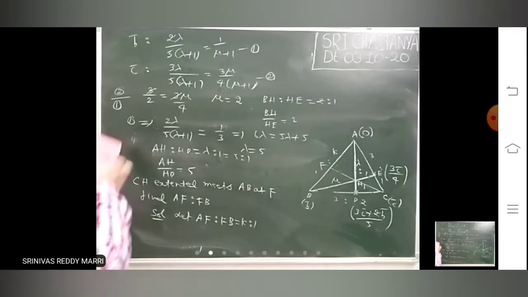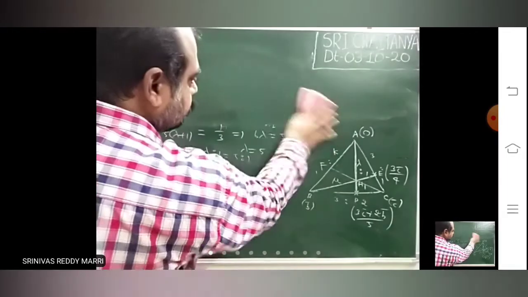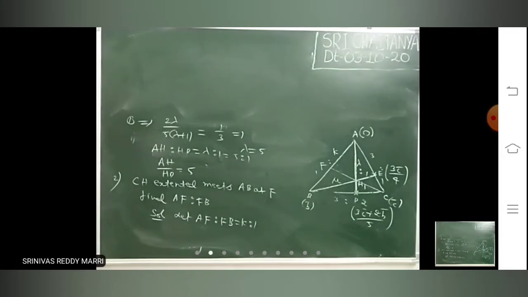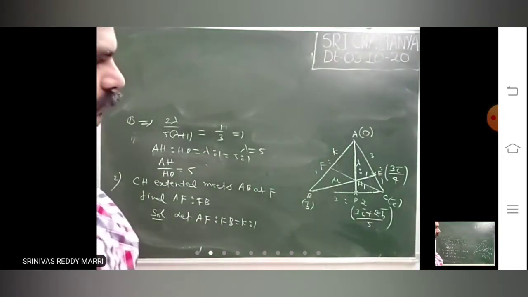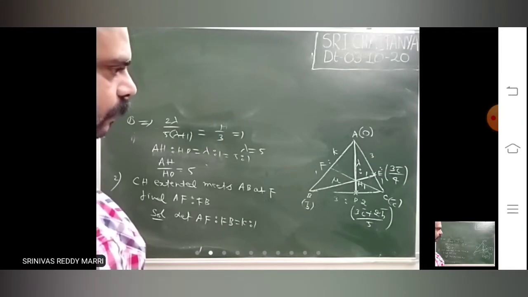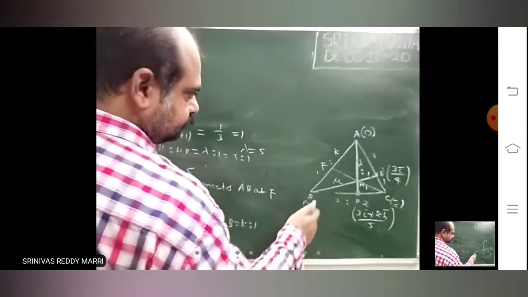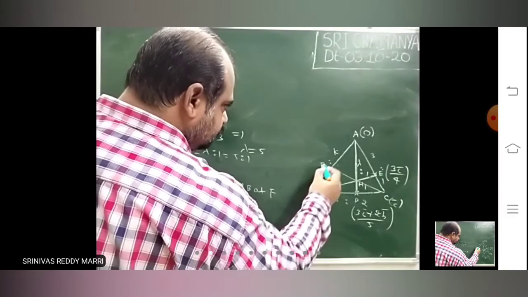So now look at the thing you have to do. K is to 1 you take.